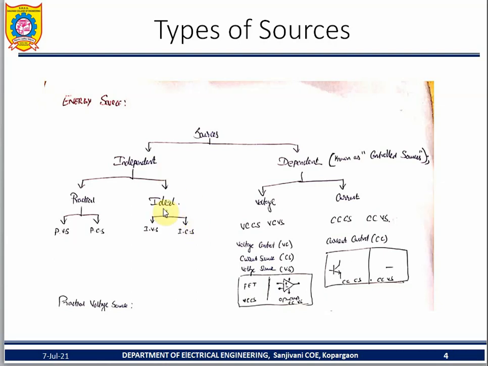In ideal conditions, full efficiency, voltage source and current source are maintained constant. But in practical conditions, there is a slight drop. These are further classified into voltage source and current source: practical voltage source, practical current source, ideal voltage source, ideal current source. The dependent sources are also classified into voltage source and current source.